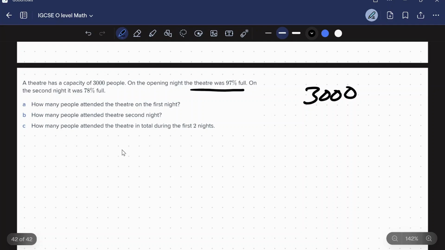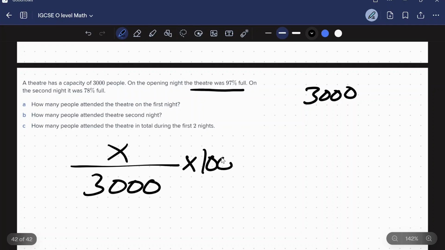We don't know the actual number of people, which we have to find in part A, so let it be x. We divide it by the total to make the fraction, so x divided by 3000. Now we have the fraction of people who attended on the first night. To convert this into a percentage, just multiply it by 100, and we know the percentage is 97%.